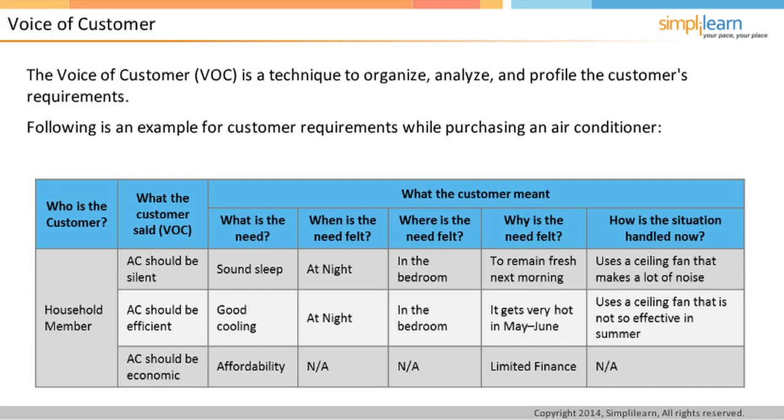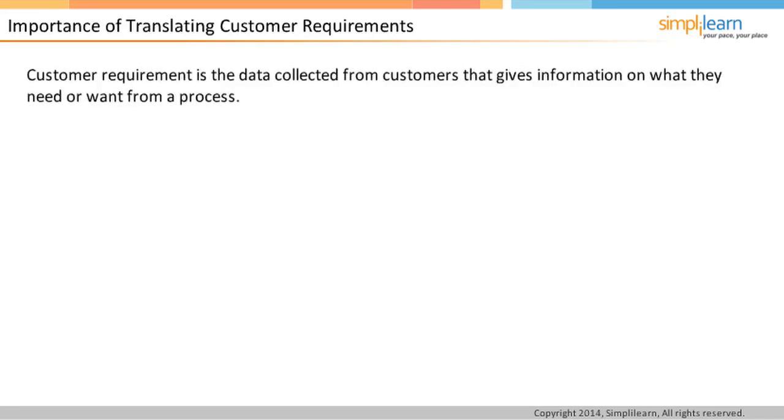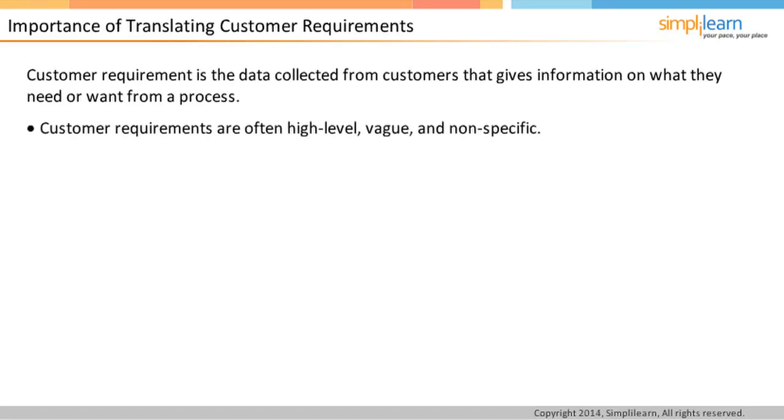Customer requirement is the data collected from customers that gives information about what they need or want from the process. Customer requirements are often high-level, vague, and non-specific. Some customers may give you a set of specific requirements to the business, but broadly, customers' requirements are a reflection of their experience.